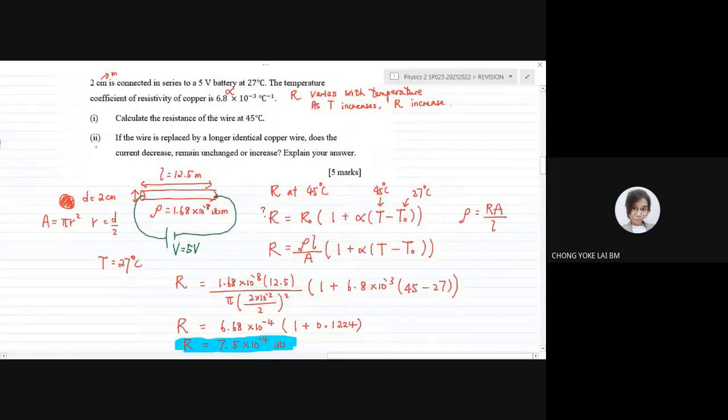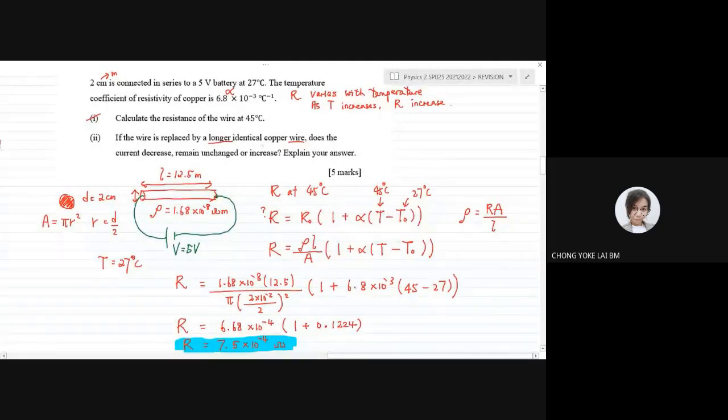Then number 2, if the wire is replaced by a longer identical copper wire, does the current decrease, remain unchanged or increase? Explain your answer. So class, we replace the wire with a longer wire.